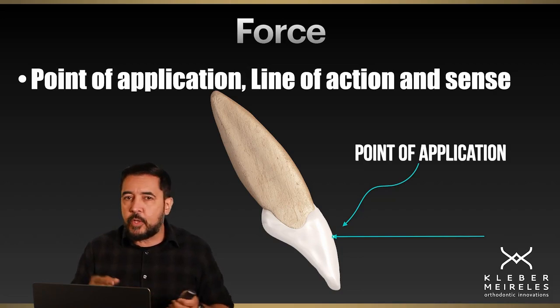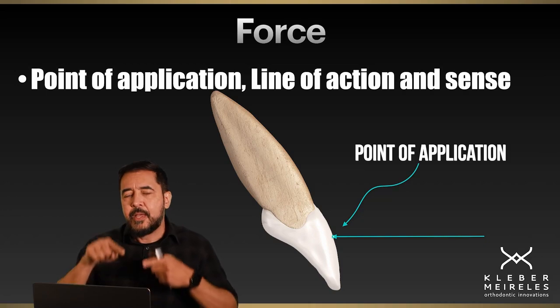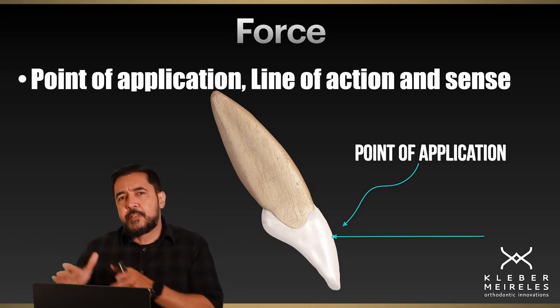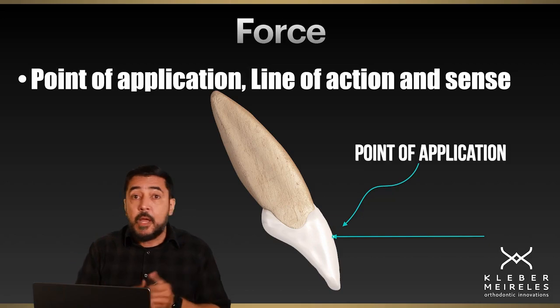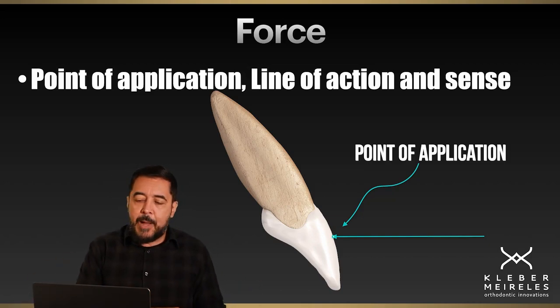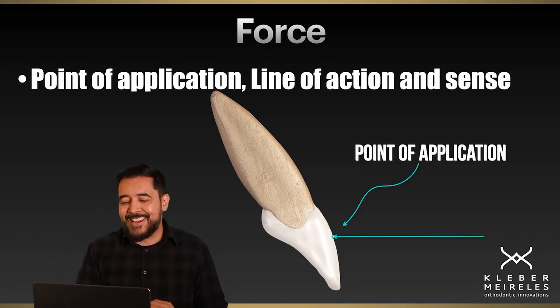As I told you before, it's not the amount of force but the quality of the movement. Is this a translatory movement? Is this a tipping, controlled or uncontrolled? Everything is about this vector: the point of application and the line of action of the force.